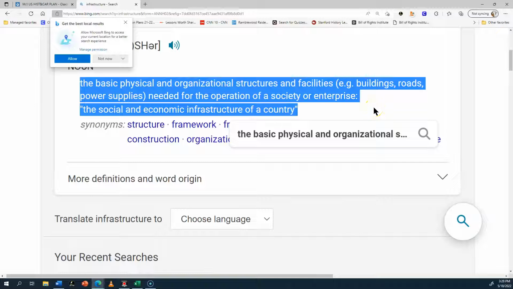The basic physical and organizational structures and facilities like buildings, roads, power supplies, hospitals, schools, the things that make our society work at the basic level. Police, fire rescue. They did not have the infrastructure we had today, but it was building.